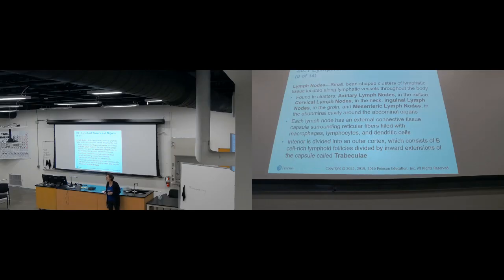These afferent vessels bring lymph into this lymph node so that the lymph can be filtered. And in the middle, where we have the concave part, the hilum, we have only one efferent vessel. And then we have an artery and veins bringing blood supply and draining that blood supply from the lymph nodes.